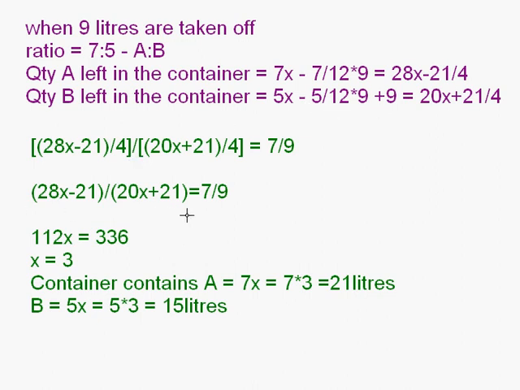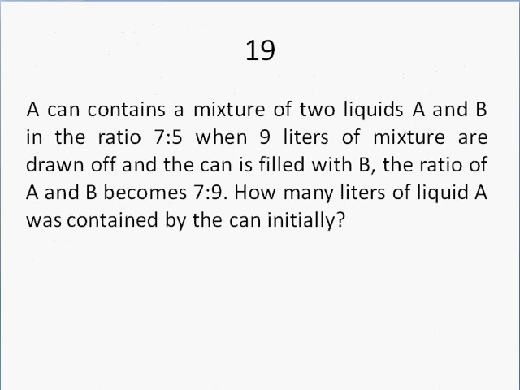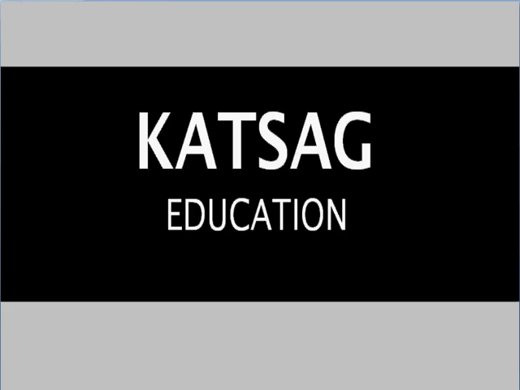We'll equate the equations with the final ratio that is given, 7 upon 9. Then we'll find the container contents using 7x and 5x, which we assumed at the start of the question. So x is 3, so A will be 21 liters and liquid B will be 15 liters. So this is the end of the chapter allegation and mixture.